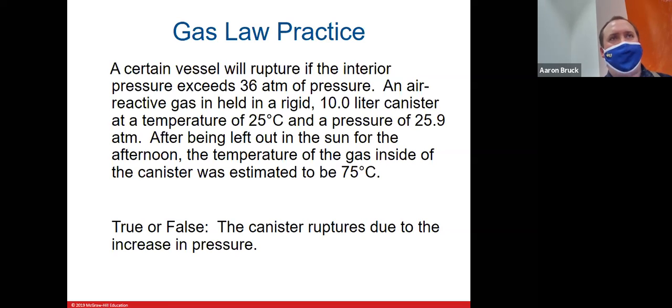Or would it rupture based upon this increase in temperature and pressure? So go ahead and think about that one. Jot down some ideas. We'll talk about it together in a couple of minutes.